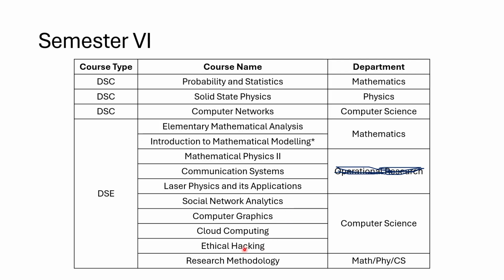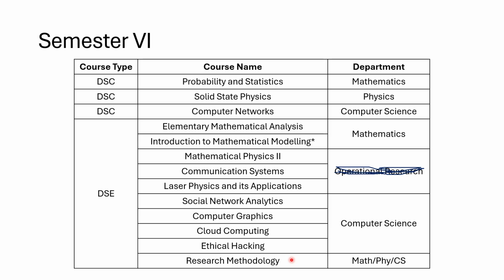Now, just to talk about the research methodology course. This will be available in semester 6 as well as semester 7. Okay. If you plan to write a dissertation in your semester 7 and 8, then you will be encouraged to, or kind of forced to, take this paper only because it is necessary for training you with research.